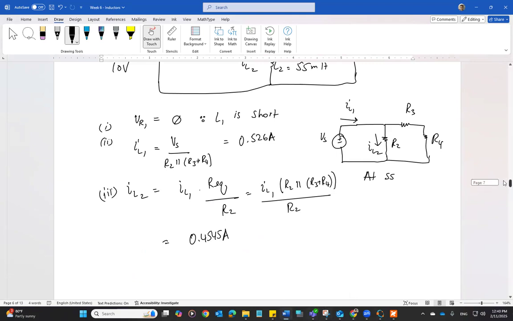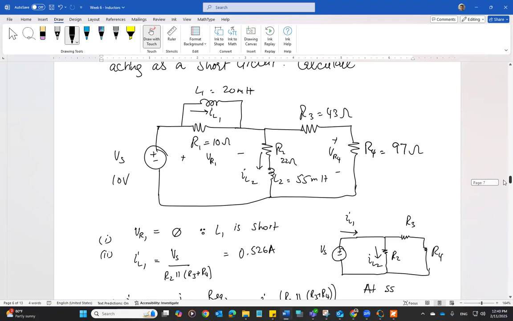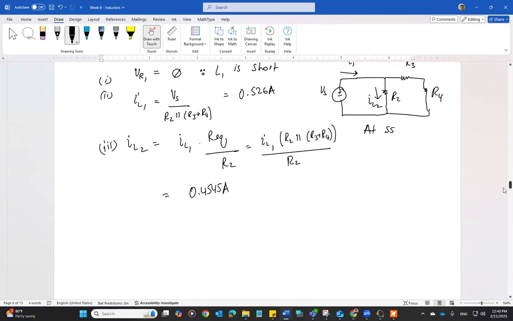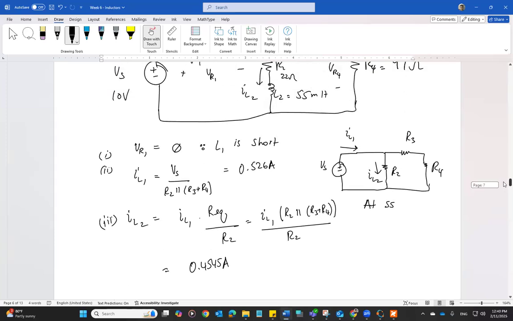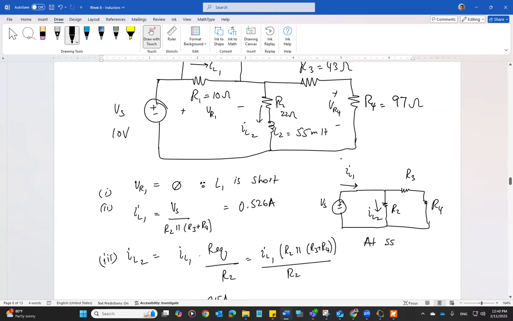Okay, and what else do we need? We need VR4, which can easily be found in a couple of ways. We can calculate the voltage across R2 since we know IL2, and that voltage will be across R3 and R4, and then apply voltage division.